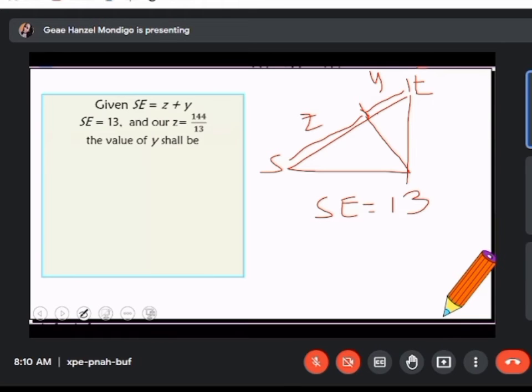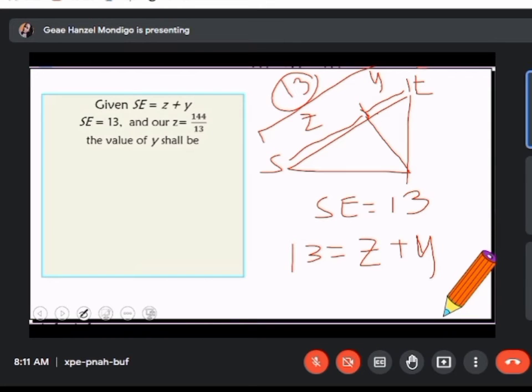So, is this right, class, that we have SE is just equal to z plus y? Is it correct, class? Since the overall measurement of SE here is 13. Is this correct? Is our 13 equal to the sum of our z and y?